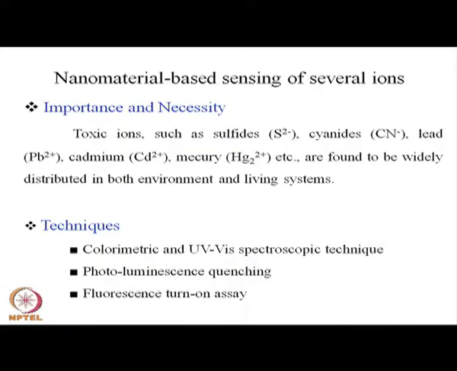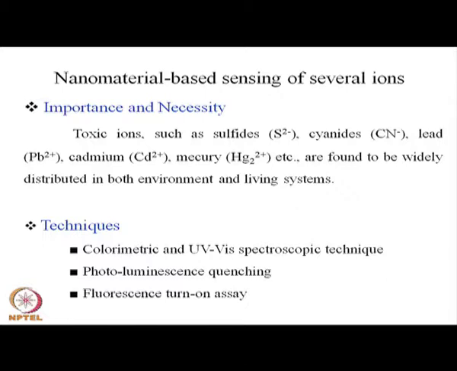There are plenty of examples you will find in literature, and I will cite some of them, or at least one of them, to show you that by selectively adding some ions you can selectively do this turn on assay.